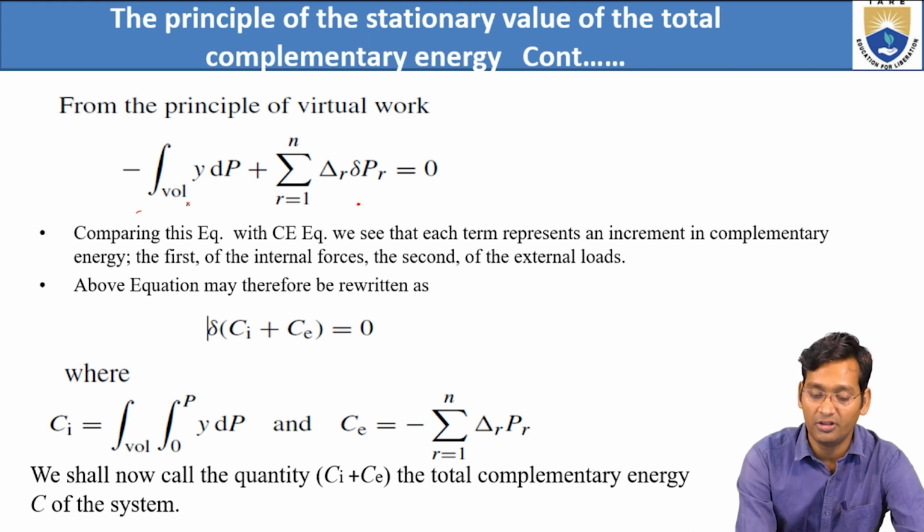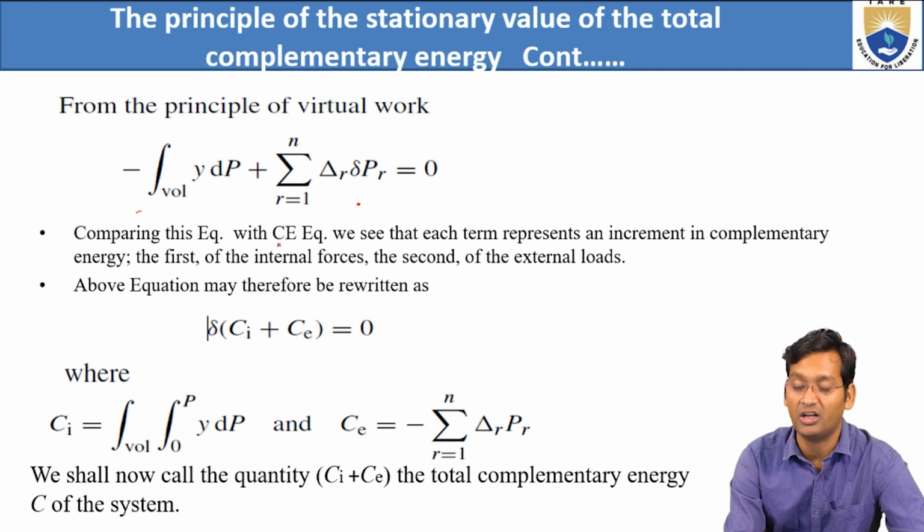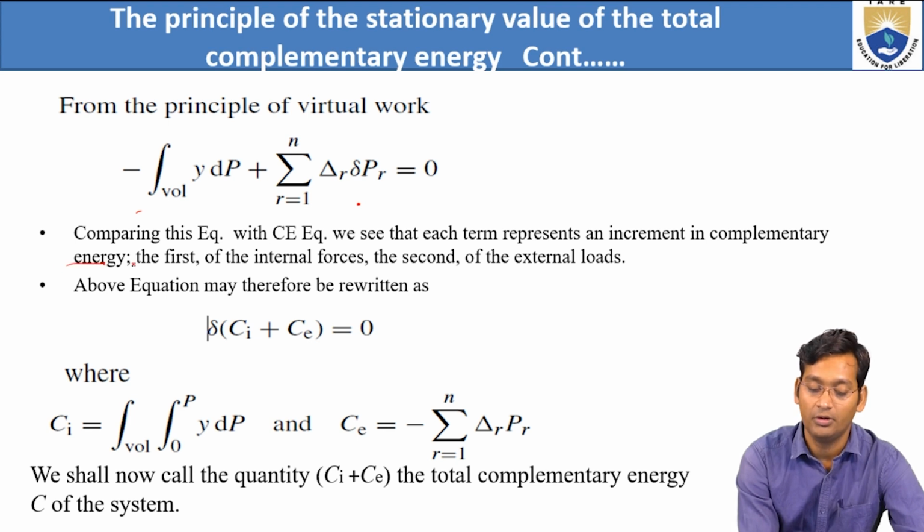Comparing this equation with the complementary energy equation, we see that each term represents an increment in complementary energy: the first of the internal forces, the second of the external load.